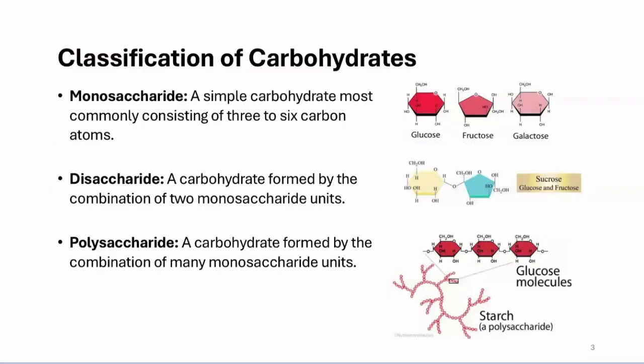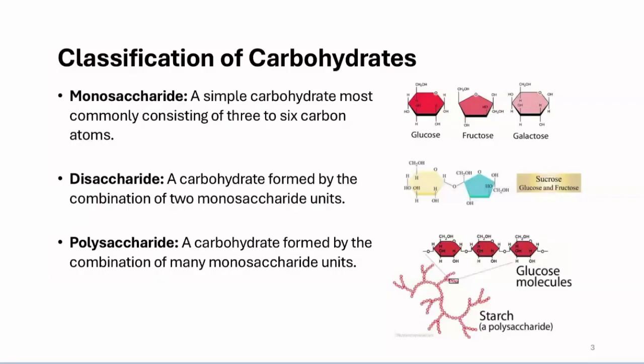Next, we have the disaccharides. Disaccharides specifically are formed by the combination of two monosaccharides. That's why we see the prefix di before the word saccharide. And before I move on, saccharide is another word for sugar. And we just learned that carbohydrates means sugar. So just keep that in mind.